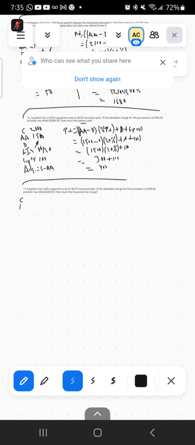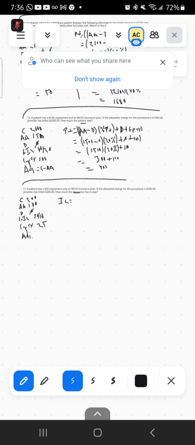And we write down charges, allowed amounts, deductible, co-insurance, co-payment, and adjustment. How much does the insurance have to pay? So it says $25 copay, 90/10 insurance, allowable charge 180, bill 200, deductible doesn't say, so you could say 0.